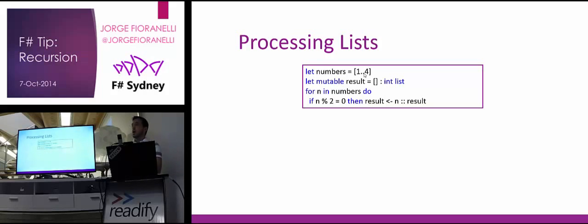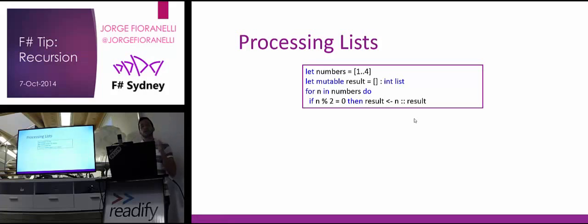You want to change that list while you are processing it. The way that you do it in the imperative way is to use a for loop, and for each number you ask if that is even. If that's the case, you append, and this is the operator that you use in a list to append something at the beginning of the list.